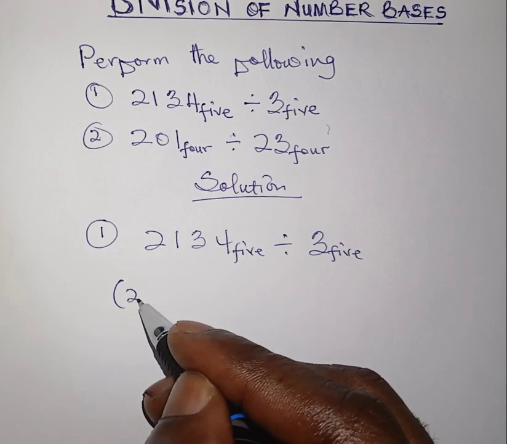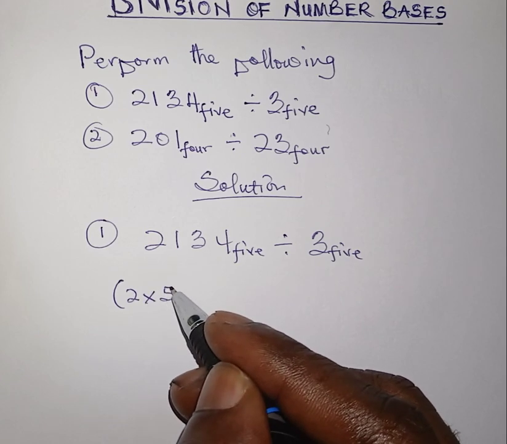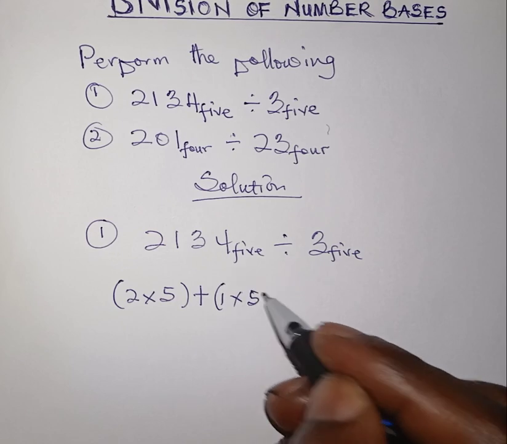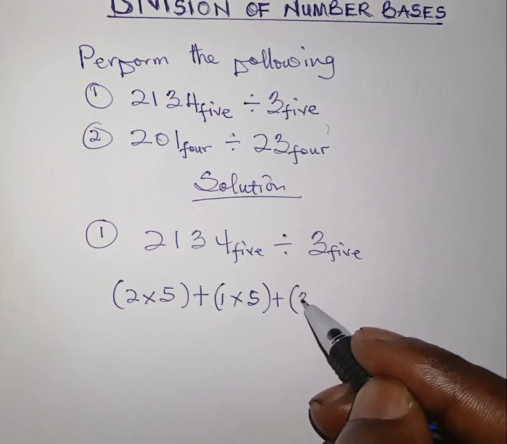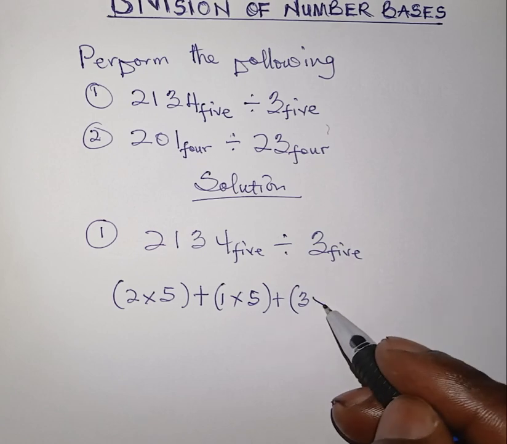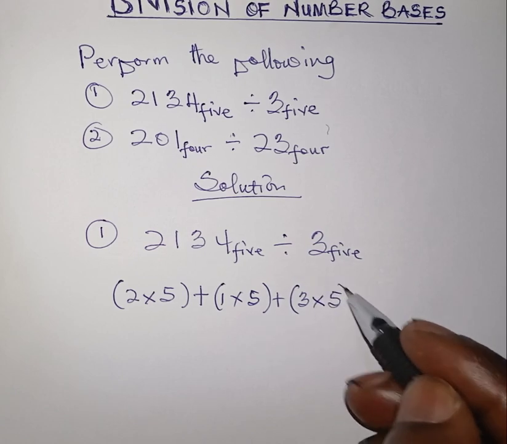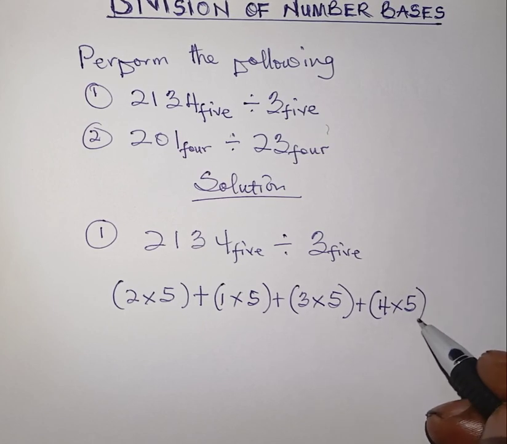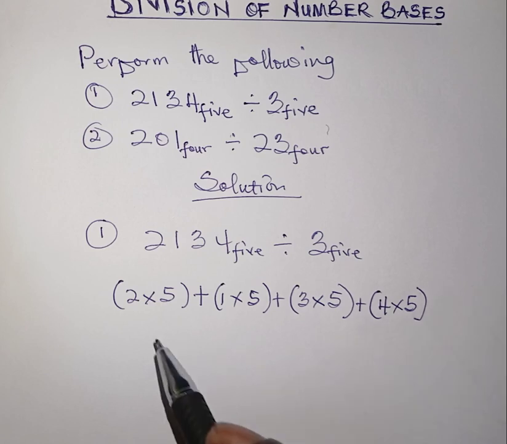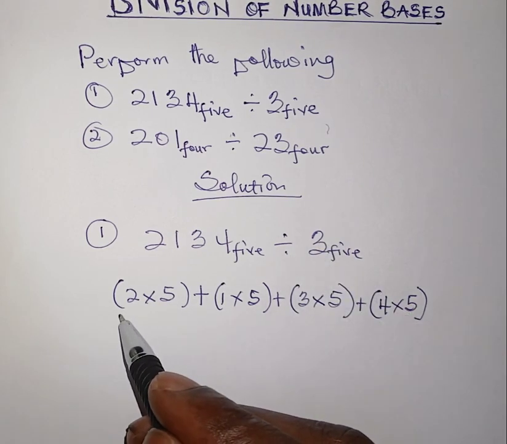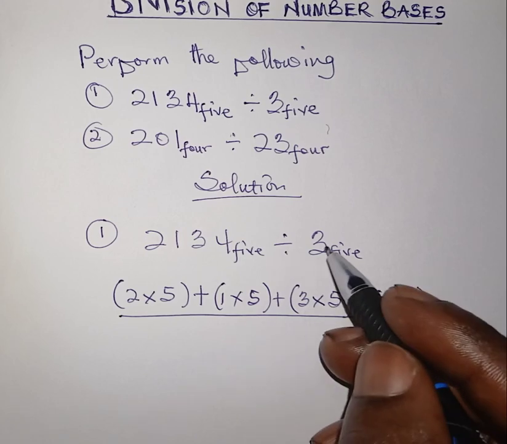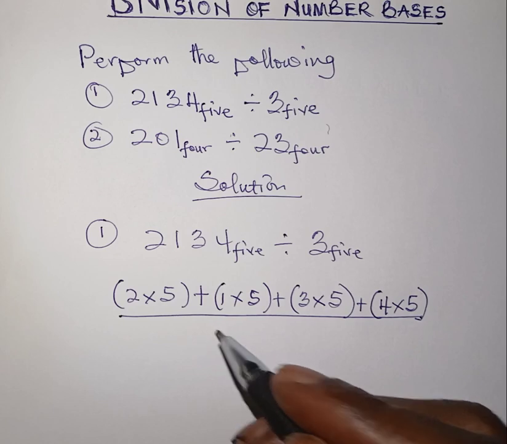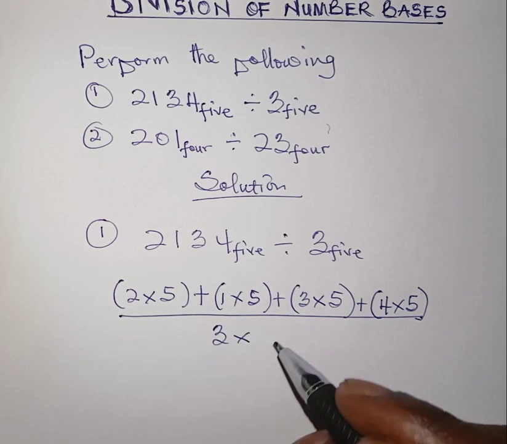You can write 2 times the base, which is 5, plus 1 times 5 plus 3 times 5 plus 4 times 5, divided by 3, and you change this 3 also to base 10. So that one is 3 times 5.